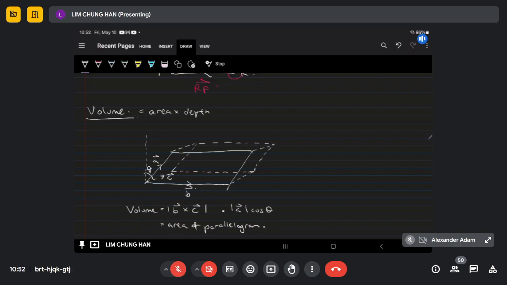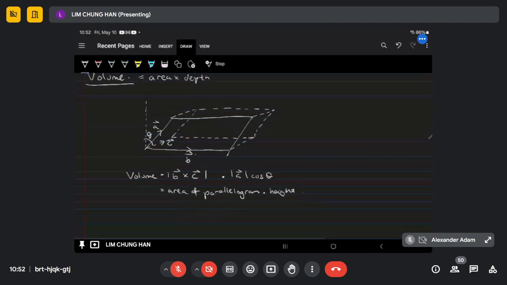So A cos theta is the height or the depth.